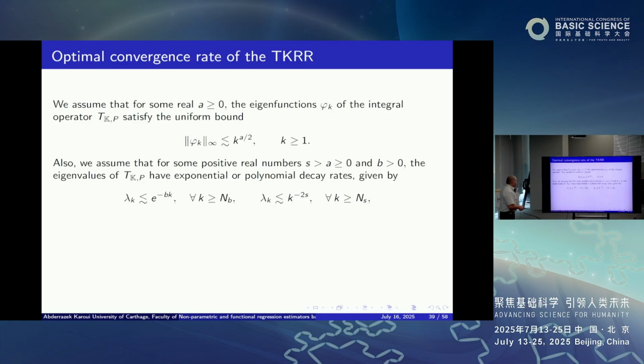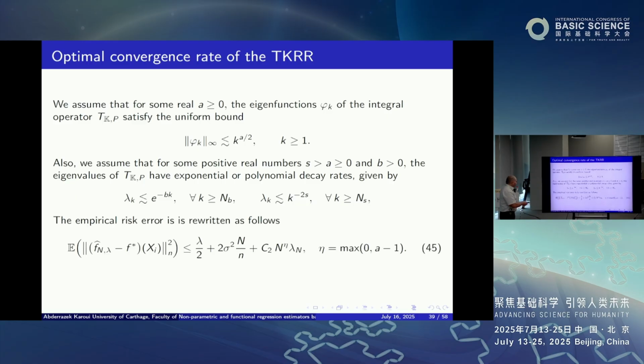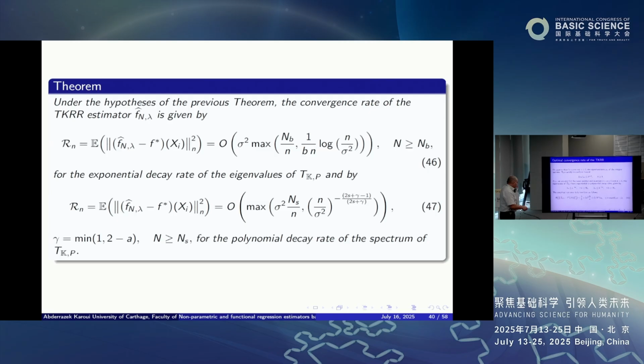And if the lambda k decays in an exponential way or in a polynomial way, we have a better estimate of the risk error. So this is a theorem that gives us the risk error in these two cases.